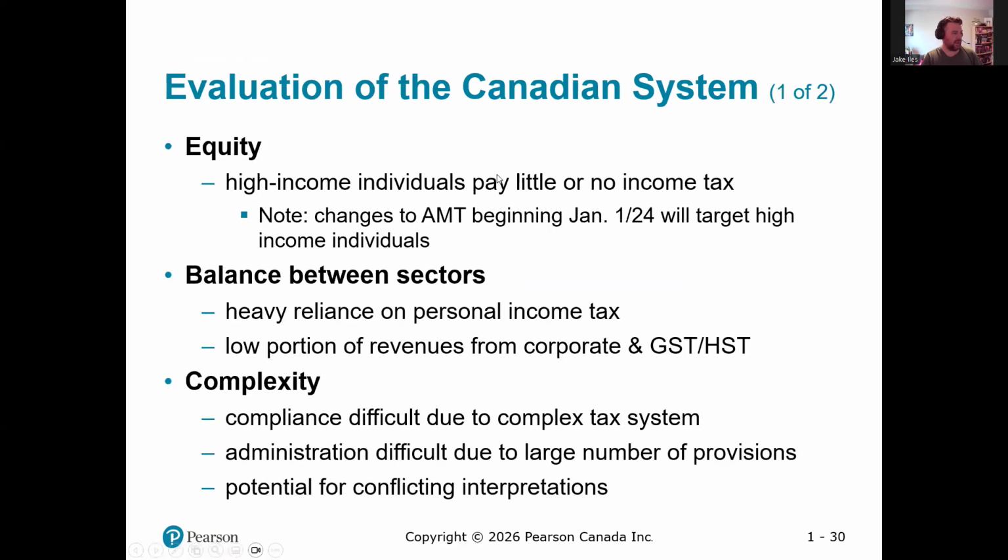So here they're broken down. So equity, simplicity, complexity. This is an evaluation of the system. The high income individuals pay little or no tax. That's because they have access to the most credits, and by having multiple revenue streams, they have opportunities for reducing their income. So changes to that, there is a minimum tax.